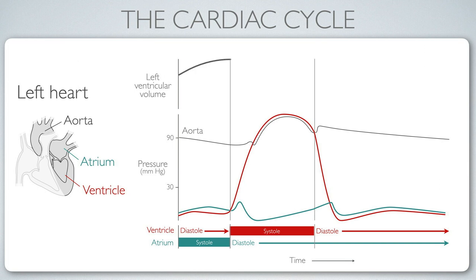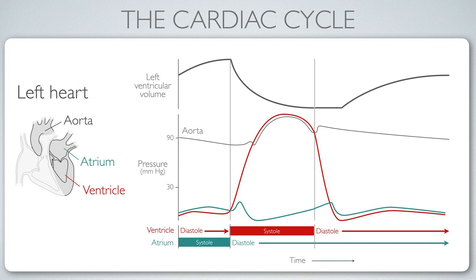So not surprisingly, the volume increases. Then during ventricular systole, as the blood clears that chamber, then not surprisingly, the volume drops. And then, as I mentioned, during this period where diastole is occurring in both chambers, we have blood flowing from the atrium to the ventricles, and that is reflected in the volumetric changes of the ventricle.